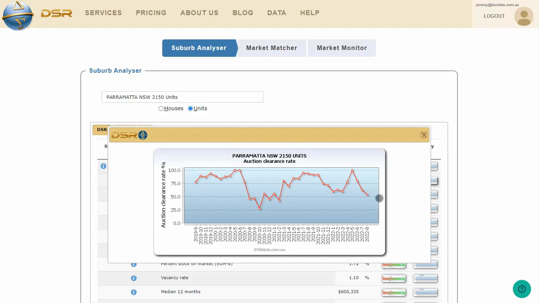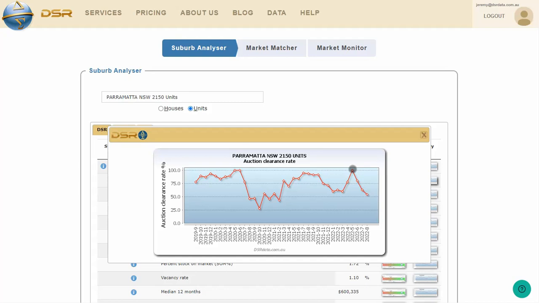And the latest month's figure for the auction clearance rate of Parramatta units is, well, it's a smidge above 50%. That sounds quite ordinary, but if we were looking in May 2022, the figure would have been 100%, which is perfect.